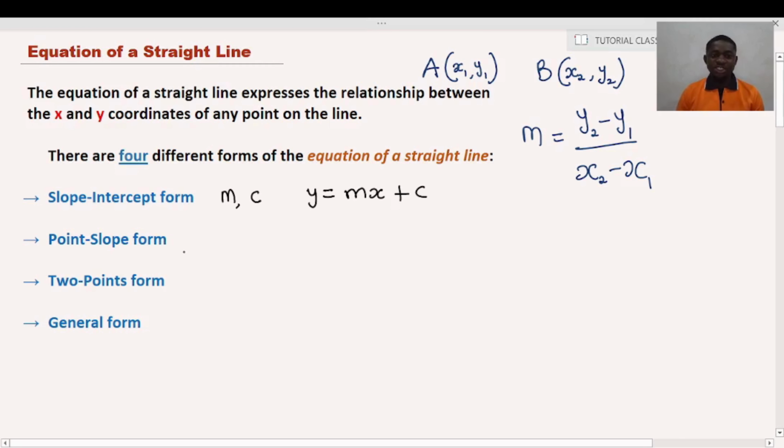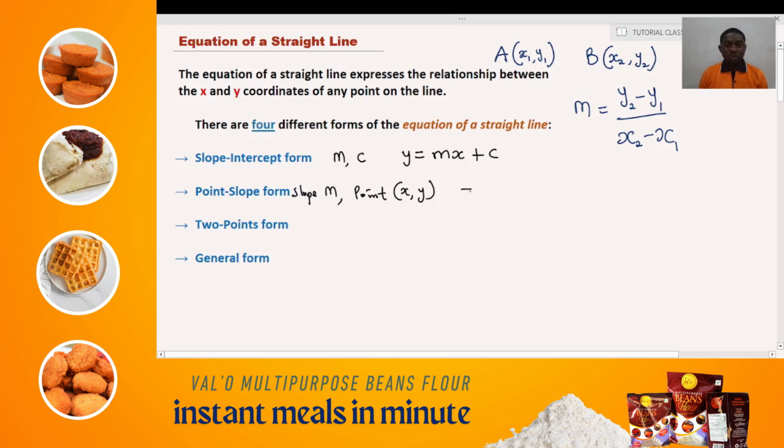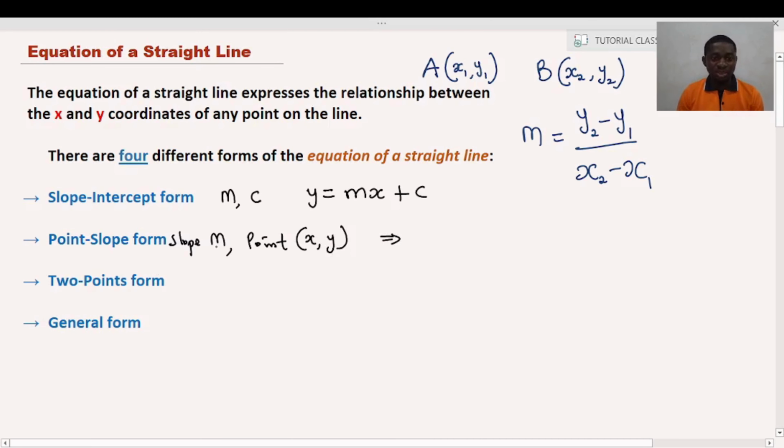For the point-slope form, we are talking about where you are given the slope, let's say slope m, and you are also given a point x1, y1. How then do we determine the equation of the line when we have this gradient and a point? The gradient m equals y minus y1 divided by x minus x1, where the given point takes y1 and x1.